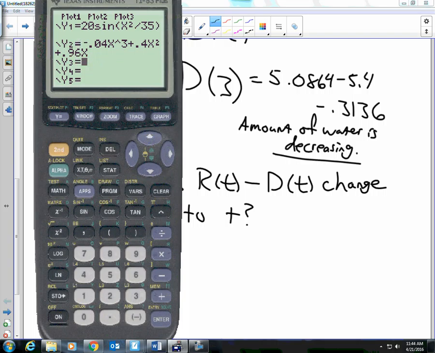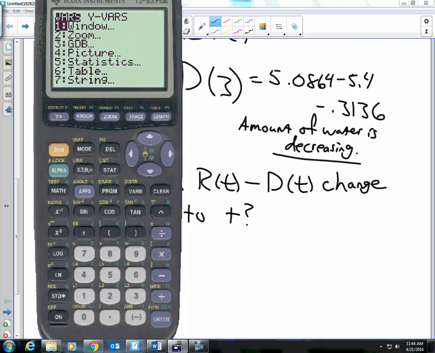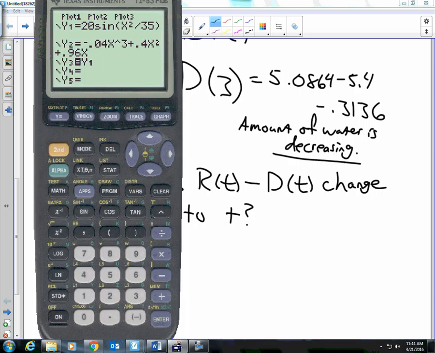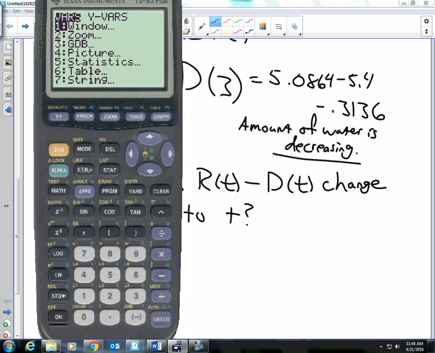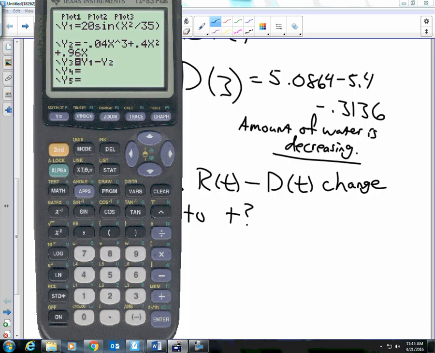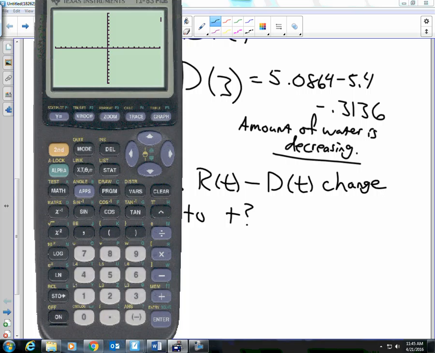Now again, I'll show you how I calculate that. I press variables, go to y variables, and grab y1. Minus variables, y2. And so you can see that that's the piece that I have. This refers to the rate at which water is accumulating. Does this graph ever go from negative to positive?